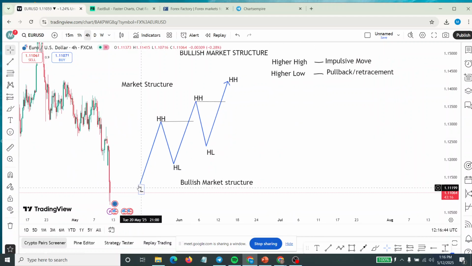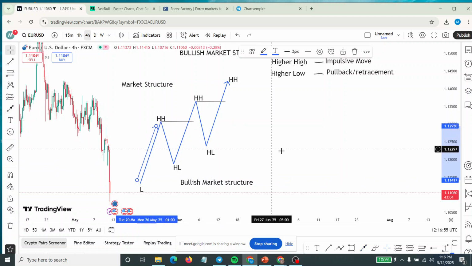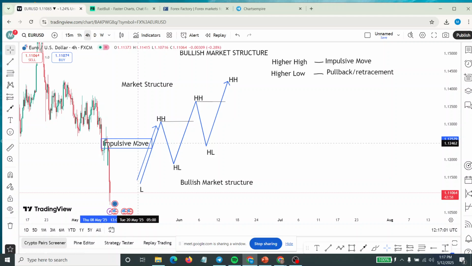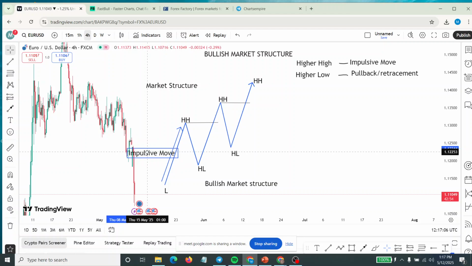Now when we experience a low, we then have a higher high. The movement that created this higher high is what we call our impulsive move. This is our impulsive move.